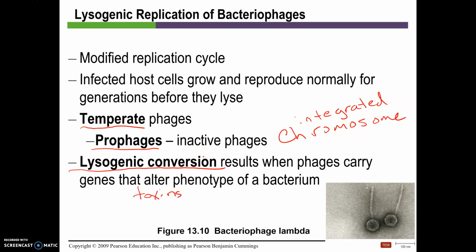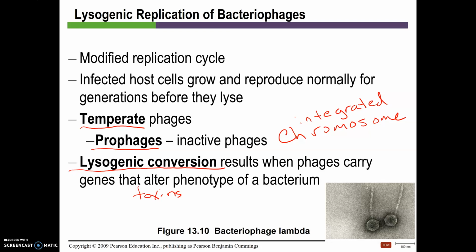So for example, if you've heard of the disease scarlet fever or diphtheria, this type of thing happens when the virus that is infecting a bacteria allows that bacteria now to have a new phenotype, and in this case a dangerous one, because it causes a new disease in the human.